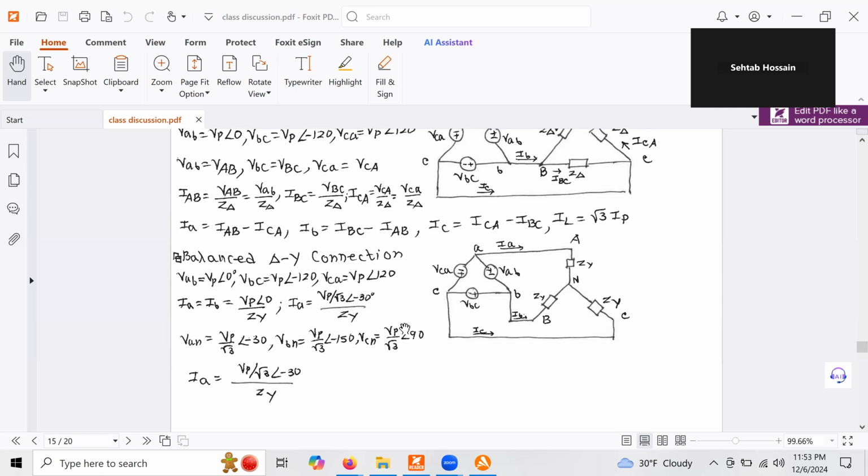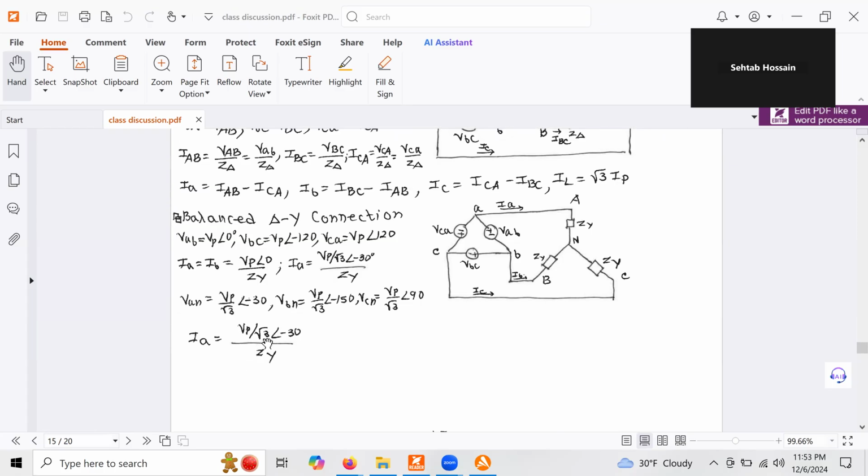Then VAN will be just like this. The neutral voltage will be in this way for all the phases, and this is the line current, VP over root 3. Why this root 3? 30 degrees apart, because this part is my Y network. That's why we have to divide this phase voltage by root 3 and minus 30 degrees apart, because we are dividing.